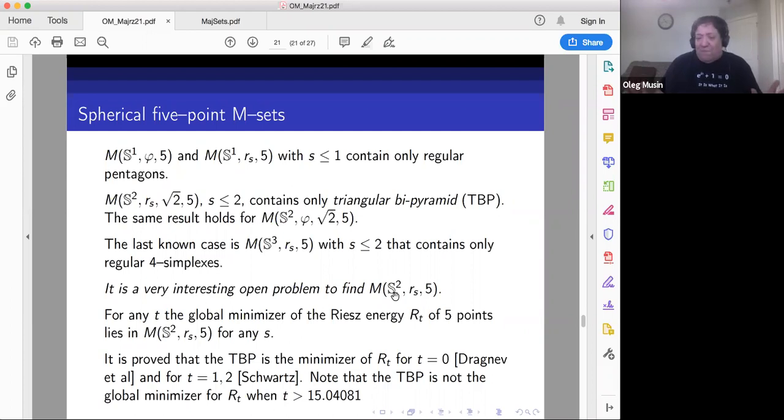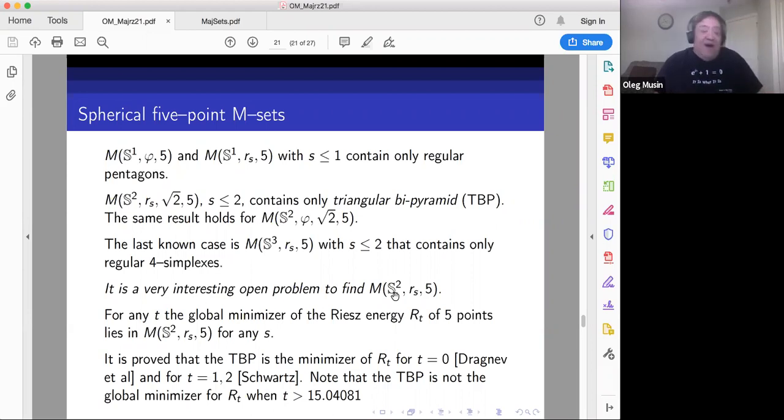I was so upset. I decided, okay, I forget about this 5-point problem. People spend so much time on this. Richard Schwartz proved it for the cases s equals 1 and 2, and it is a triangular bipyramid in order to prove that.